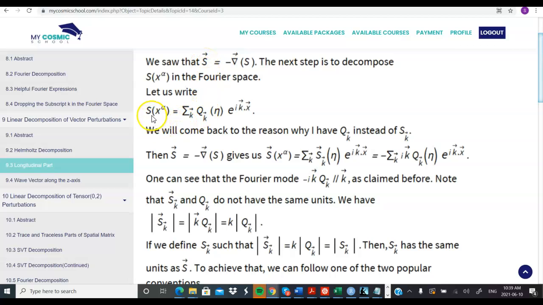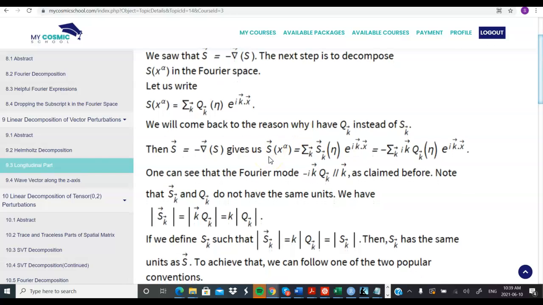It will have the same unit as potential s but not as vector s. So let's write qk here, and when I'm decomposing vector s, then I'm writing sk. This vector sk has the same unit as vector s. So now let's see how qk and vector sk are related.